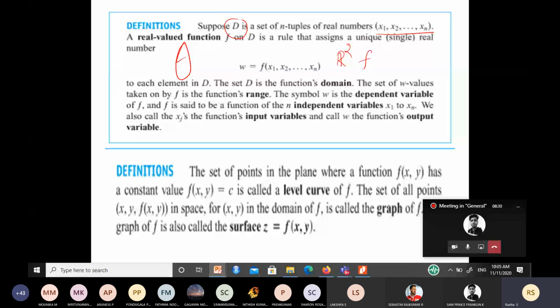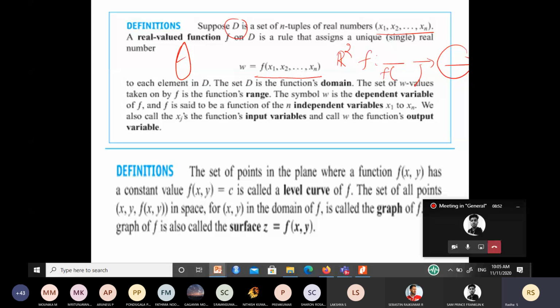A function is defined from something to something. Whenever the answer is a real number, the function is called a real valued function. You evaluate f of something, and if that is a real number, it is a real valued function.